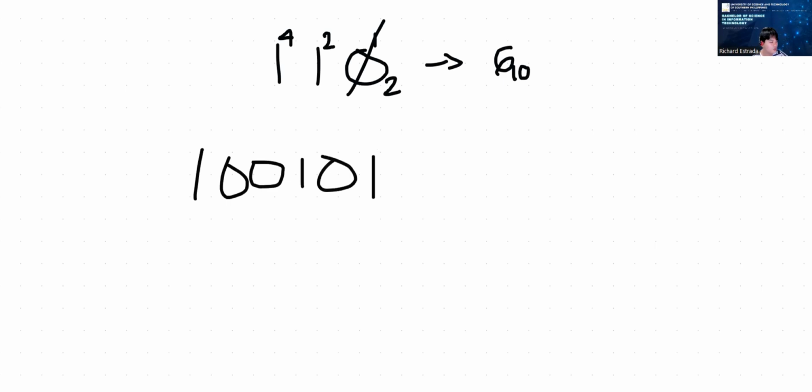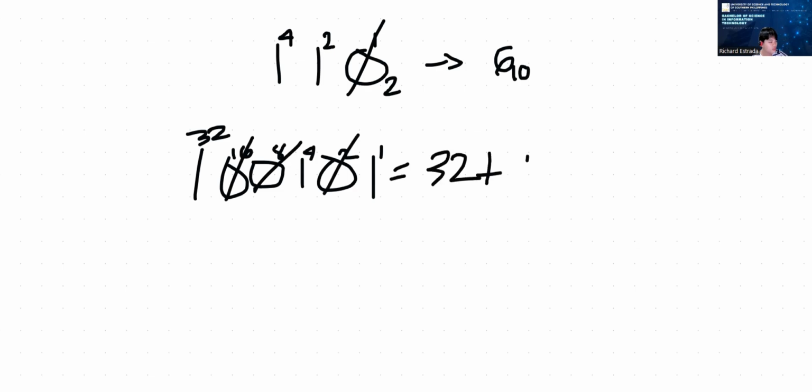Okay? So this is 1, 2, 4, 8, 16, 32. Cross out the 0s. You have 32 plus 4 plus 1. So you write down 1, 2, 4, 8, 16, 32, etc. So 32 plus 4, that's 36, plus 1, 37. 37 base 10. So that's it.